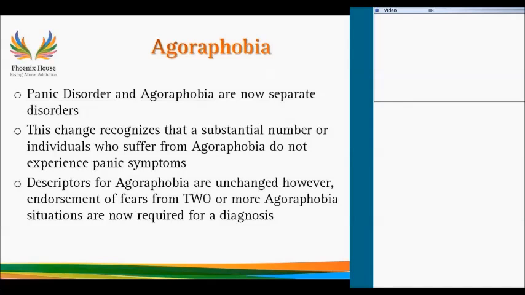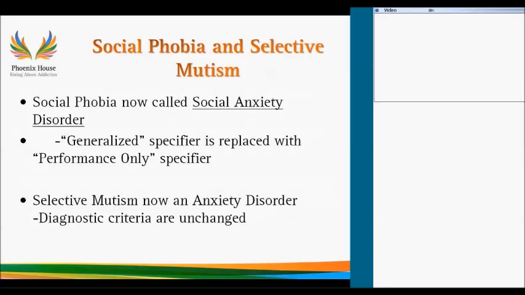So it would have to be across settings, not just in a specific place. A specific place, when it comes to panic, usually leads to things like social phobia or a specific phobia. So the inclusion of the agoraphobia piece has really made it more specified.